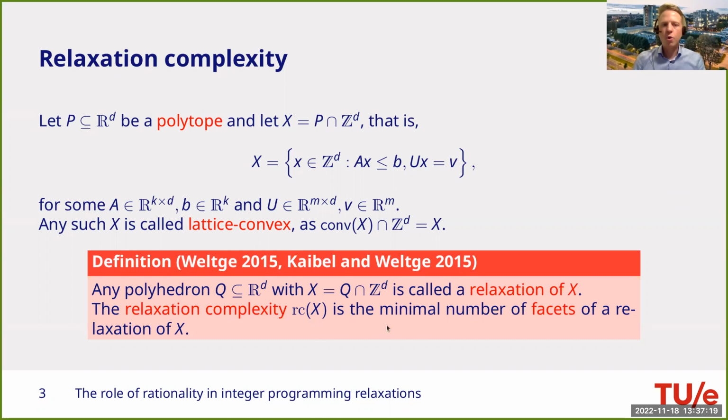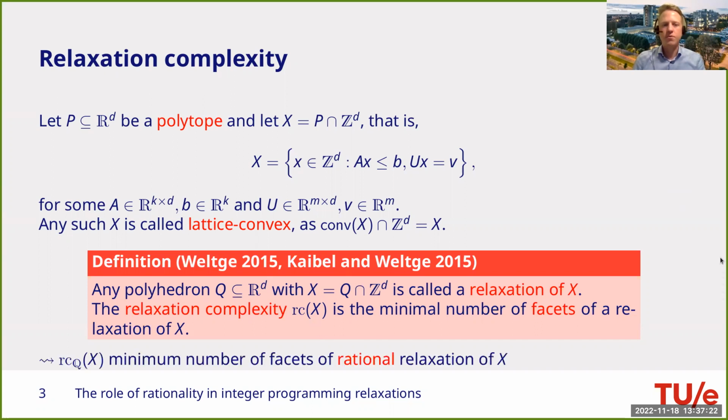Related to this quantity is the so-called rational relaxation complexity that we denote by RC_Q of X. And this is essentially the same as the relaxation complexity. The only further restriction is that we restrict ourselves to rational polyhedra. And in the following, we're interested whether this quantity, the relaxation complexity and the rational relaxation complexity, is actually the same, or whether there exist integer point sets X for which these two quantities differ.